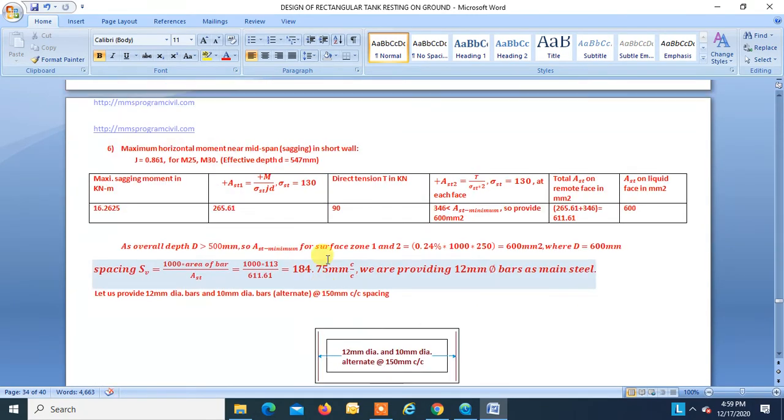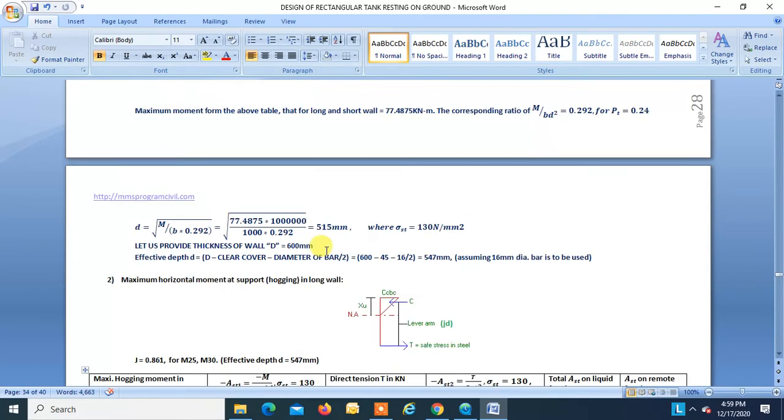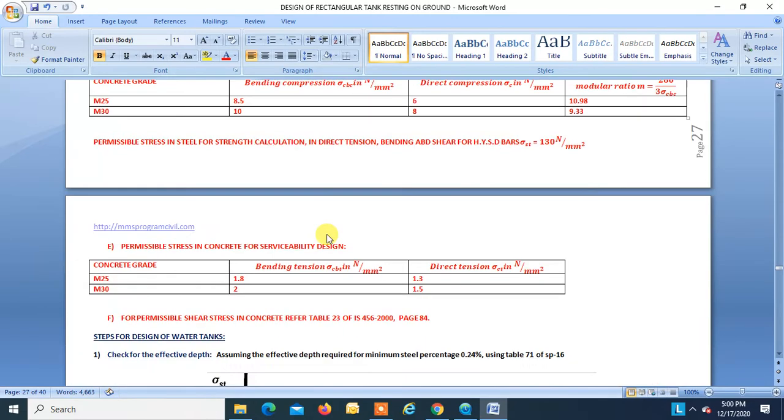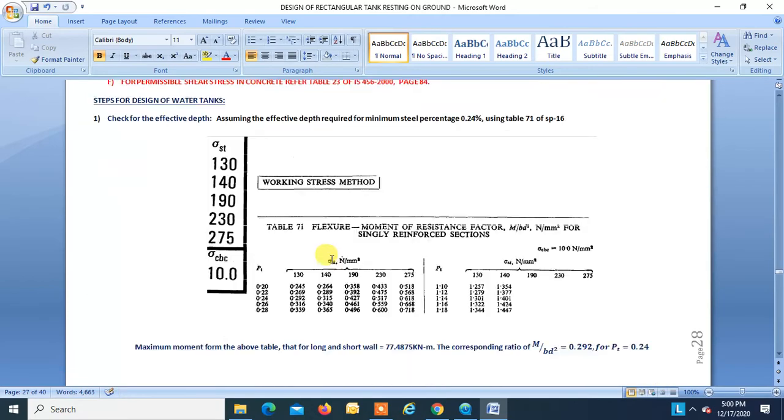Let me show you the figure, just refreshing the memories. This is for ground slab. When our slab is up to 200 mm, then we take D by 2 into 1 meter into 0.3. That is our minimum percentage of steel to be provided at top, and no reinforcement at bottom has to be provided.